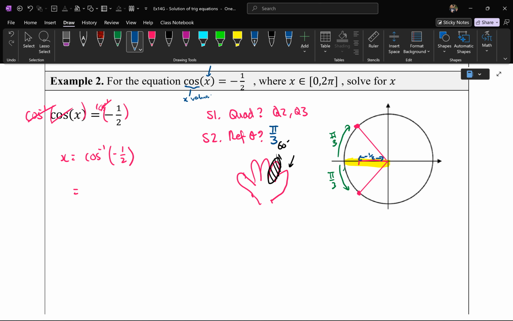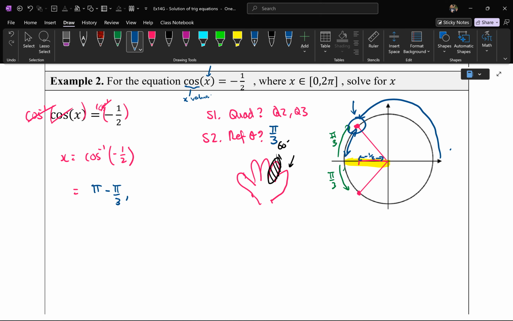If I only had an extra pi on 3, I would make pi. So to find that first solution, isn't it just pi short by pi on 3? So pi minus pi on 3. When I rotated from 0 all the way here, I'm just missing pi on 3. So it must be pi minus pi on 3 is my first solution.